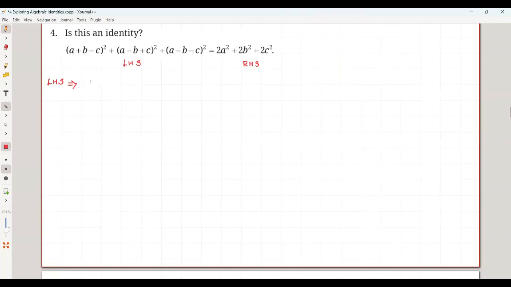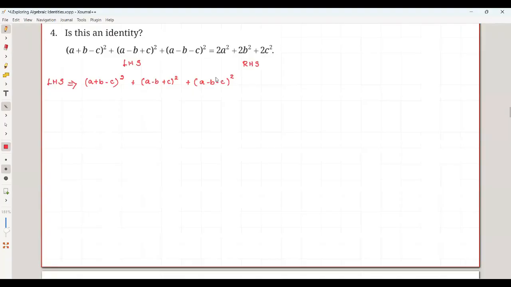So LHS is given: (a plus b minus c) the whole square, plus (a minus b plus c) the whole square, plus (a minus b minus c) the whole square.